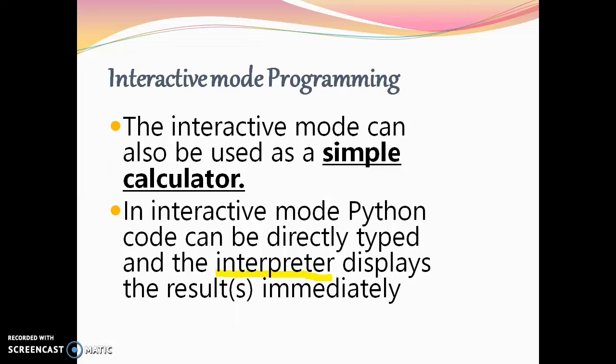Python uses an interpreter to translate source code to object code. So when you type an instruction, the interpreter immediately translates it and displays the result immediately.